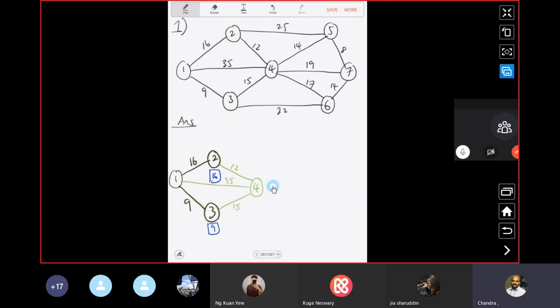If I want to go to 4 from 1, I go 16 plus 12, I get 28. From 1 to 4 directly, I have 35. From 1 to 3, I have 9 plus 15, I have 24. 28, 35, 24. Which is the shortest? 24, isn't it? Therefore, erase the others. Join the 4th node.